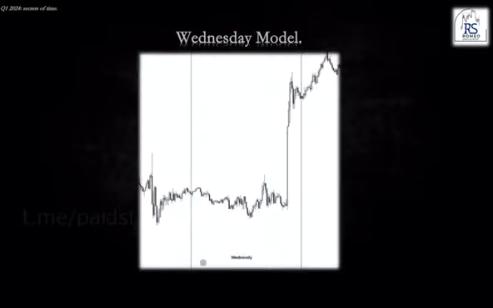Here's a real life chart example of the Wednesday model. You have open. This is, of course, the 5 p.m. open, right? So if you want the midnight New York open, it's going to be around here.